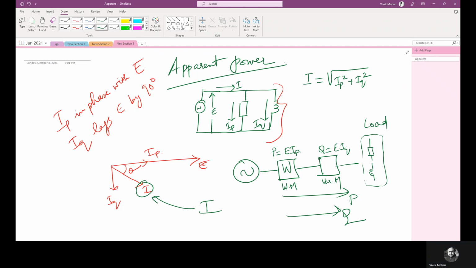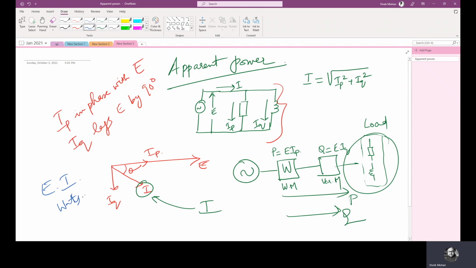Now we are concluding that the power supplied to the load, because this is considered as a load, is equal to E into I, where I is the resultant current, watts.